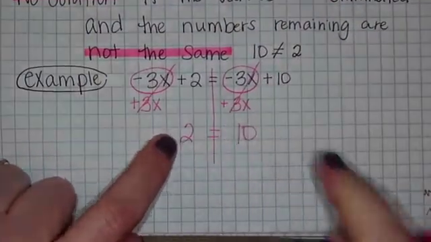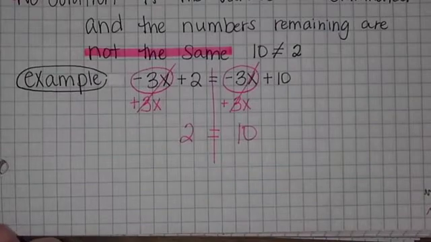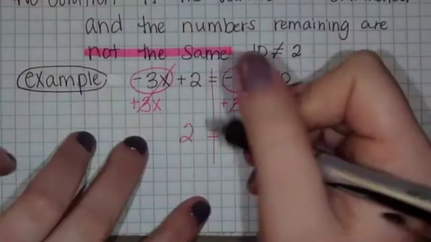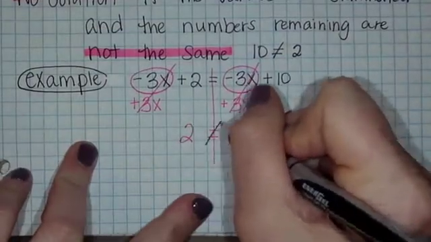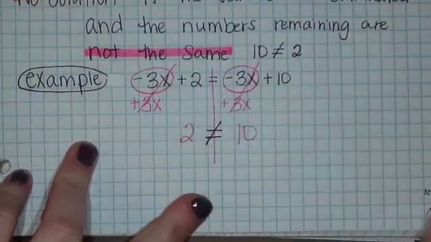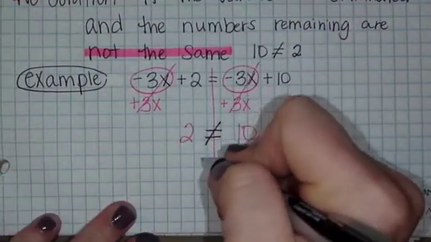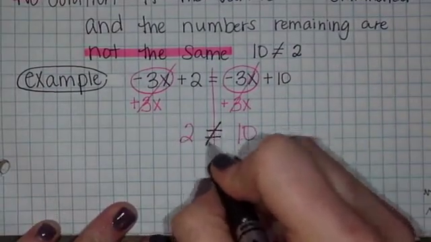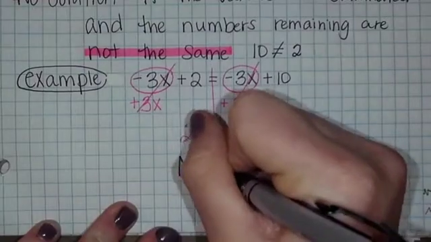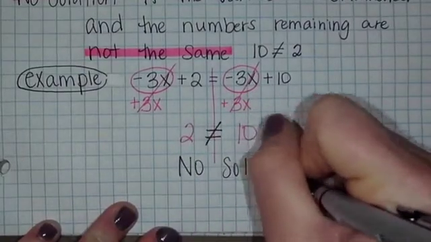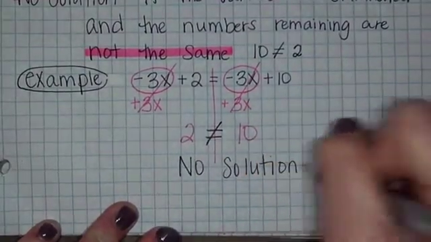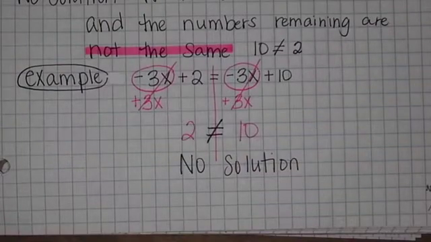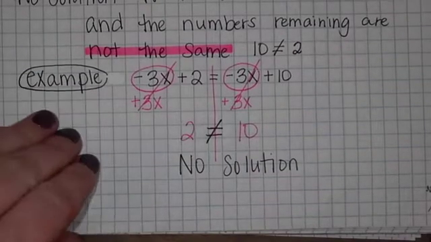Well, does 2 equal 10? If I gave you $2 and I owed you $10, is that the same? No, they're not equal. So you'll see that slash, meaning they are not equal. 2 does not equal 10, so it is no solution. Okay?